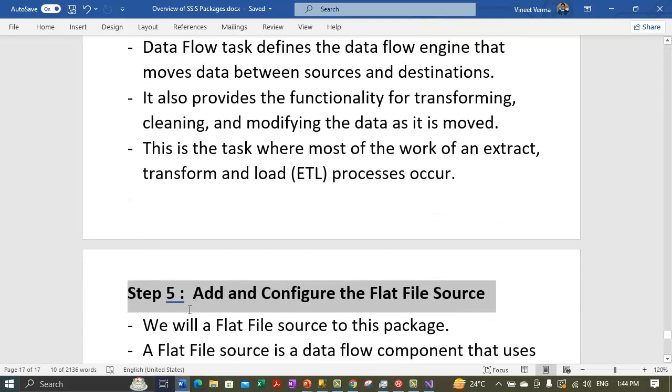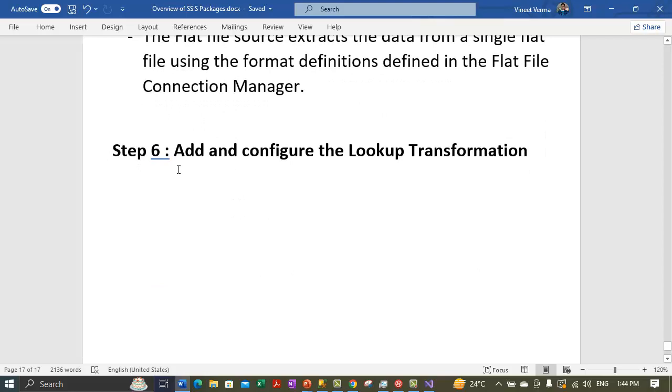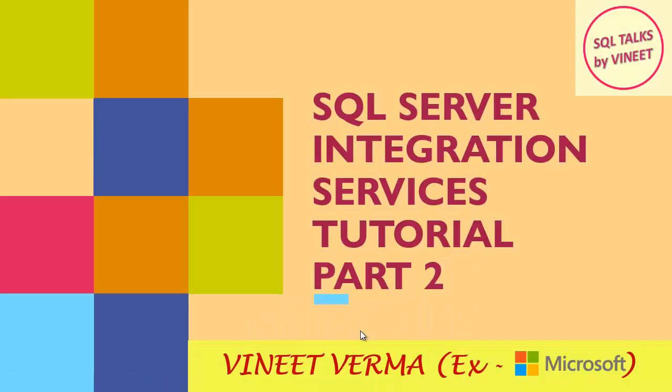It is also highly recommended to watch the previous video before watching this one. So please go ahead and watch part 1 of this video, and then you can go on with this part. In our next part, which will be part 3, we will cover adding and configuring the lookup transformation in detail, and we will show you practically how that has to be done. For now, we are done, and let's go back to slides.